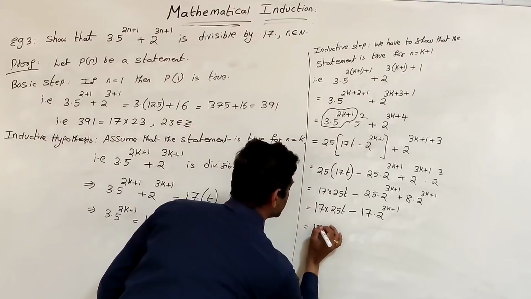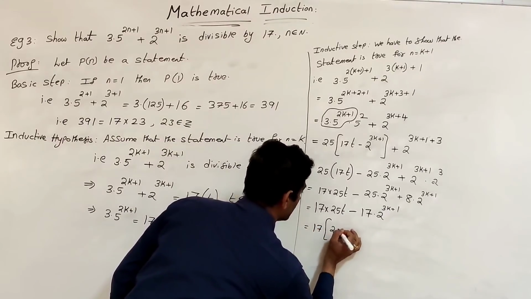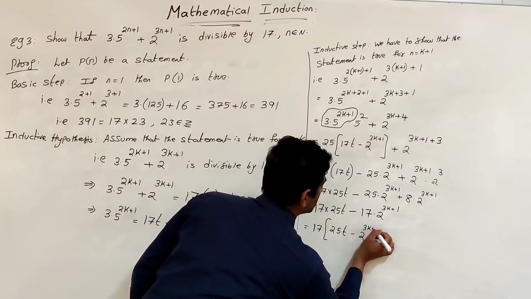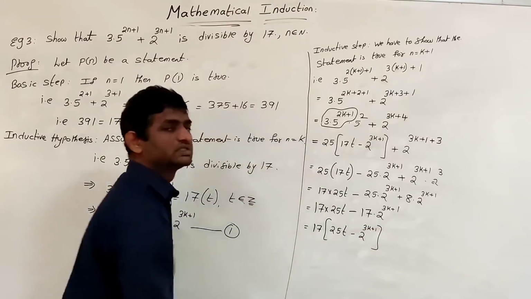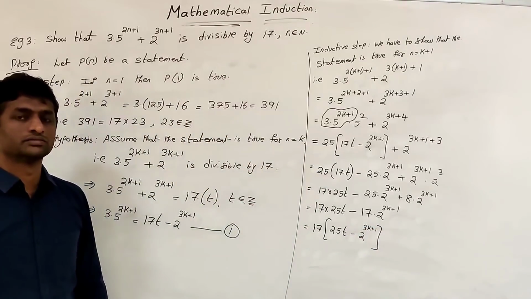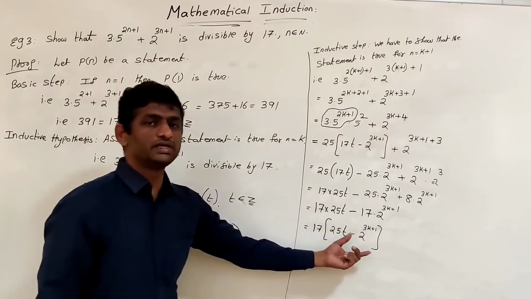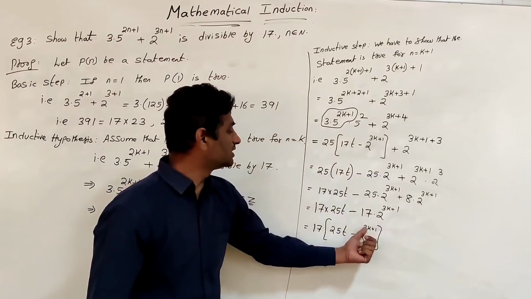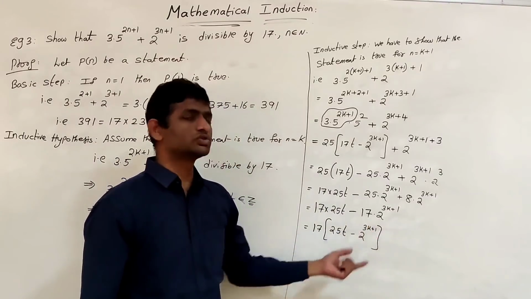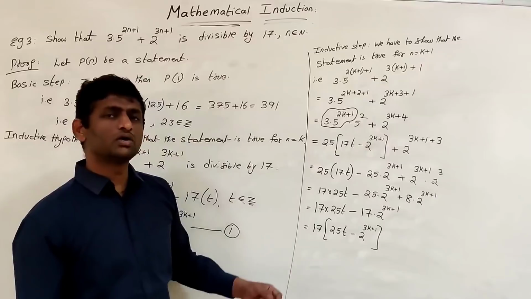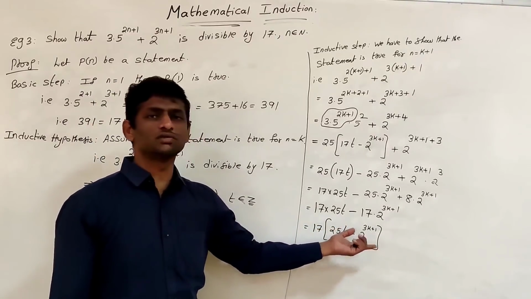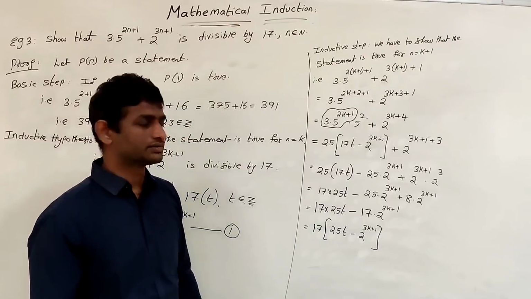It will be 17 times 25t minus 2 to the power of 3k plus 1. So again it is a multiple of 17. 17 times an integer, where t is an integer and 2 to the power of 3k plus 1 is a natural number, and integer minus natural number gives an integer.